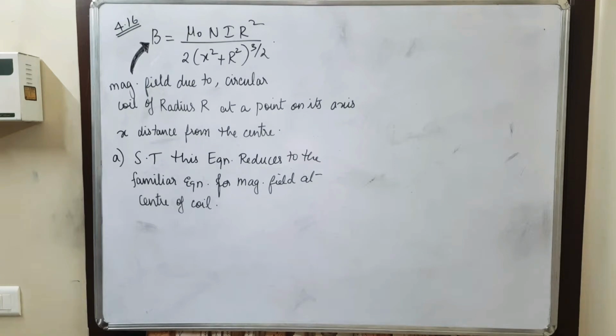The next question, 4.16. They have given that the magnetic field due to a circular coil of radius r at a point on its axis x distance from the center is B is equal to mu naught N I r square divided by 2 into x square plus r square the whole power 3 by 2.